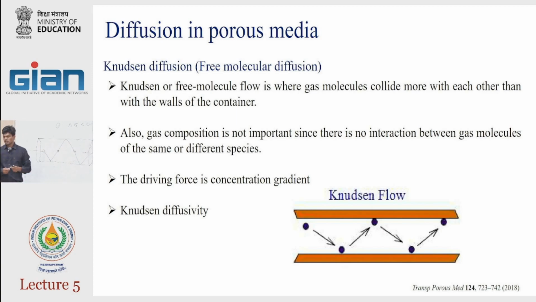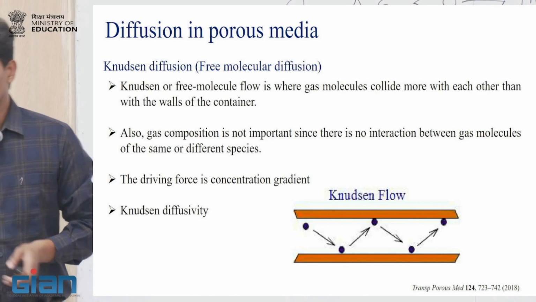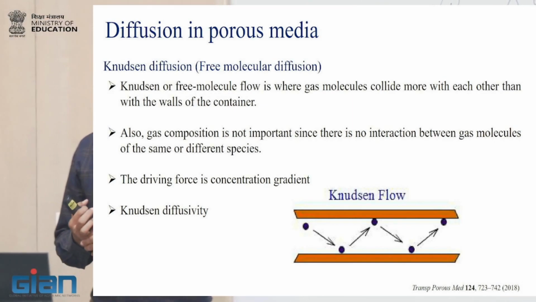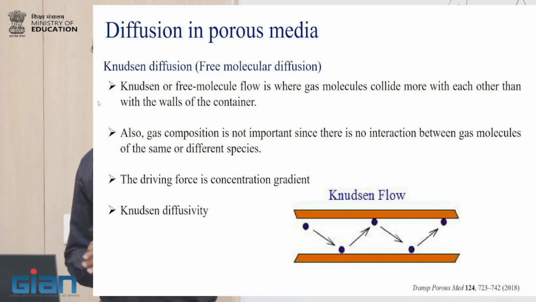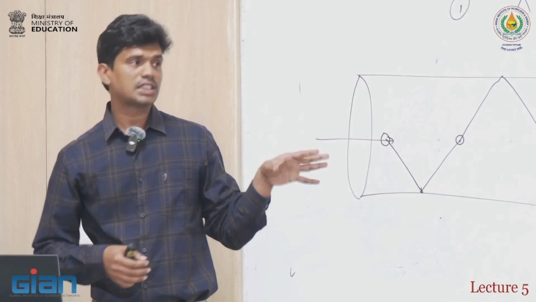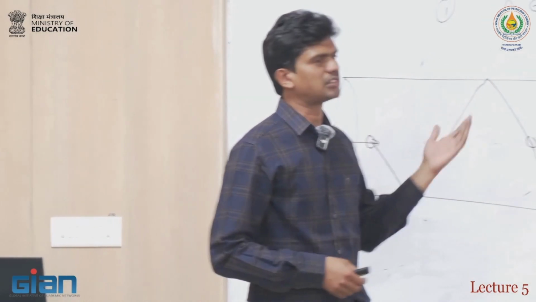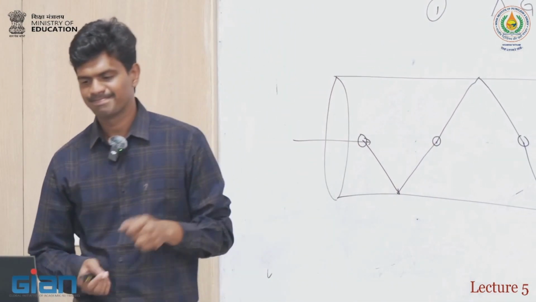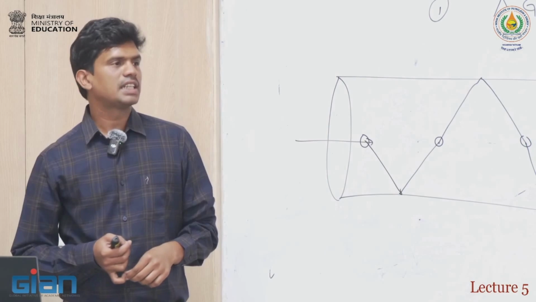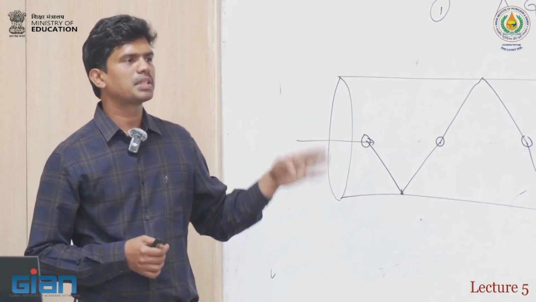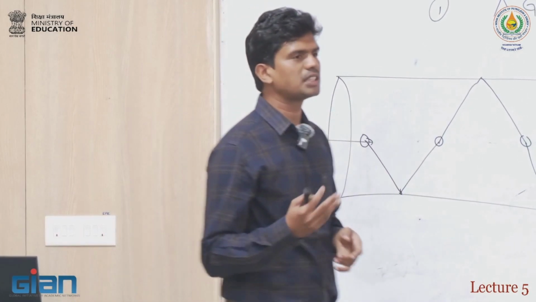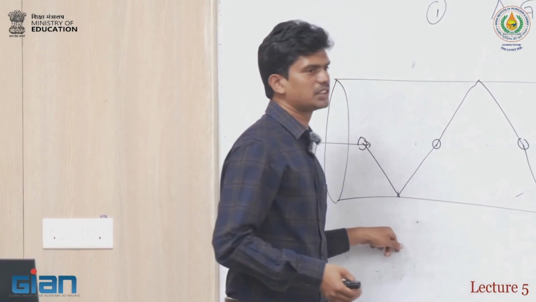So that's what Knudsen or free molecule flow is, where the gas molecules collide more frequently with the walls of the container rather than colliding with other gas molecules. Here the gas composition is not important because gas-gas collisions are not important. What is important is the gas-solid collisions.